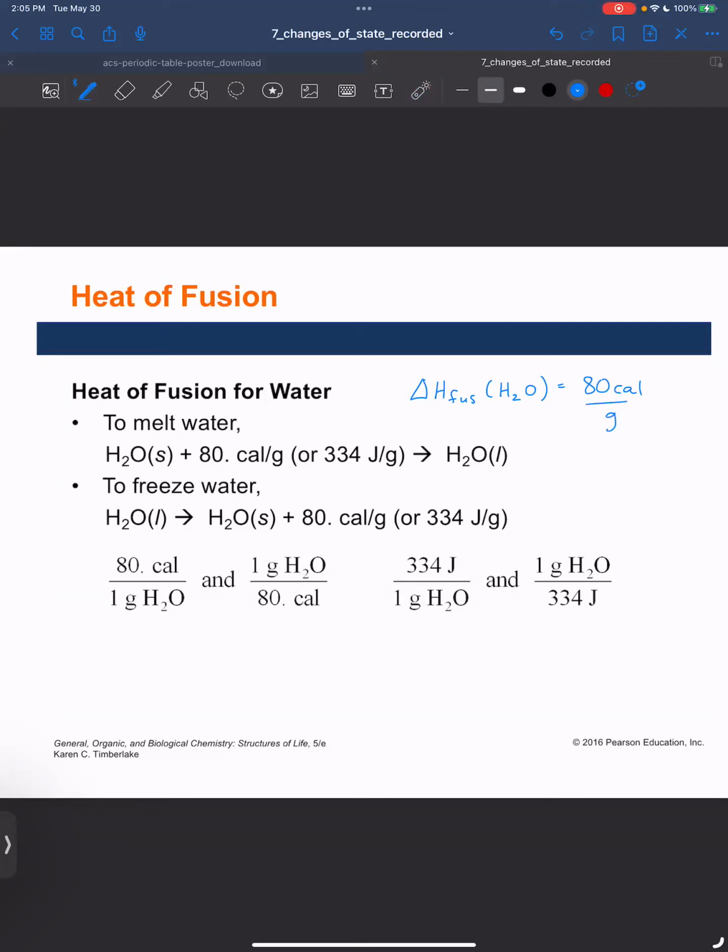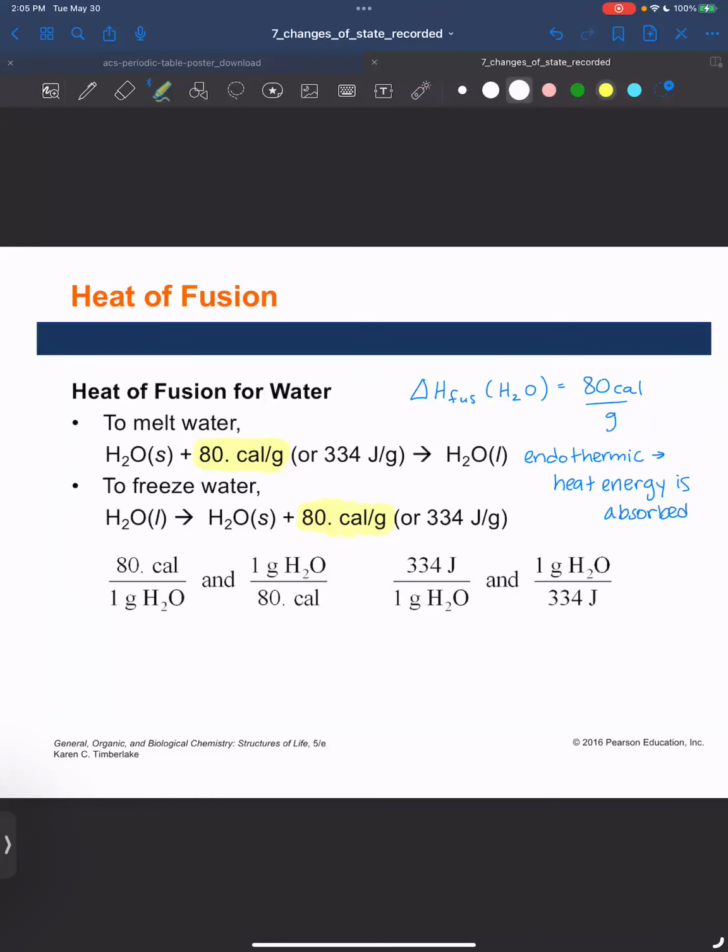Now that's okay for melting, because to melt ice, we need to add the heat energy. And so this would be called an endothermic process, because heat energy is absorbed. But to freeze water, we need to release that energy.